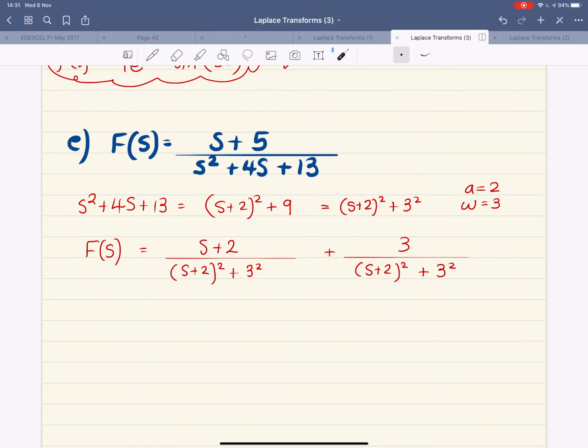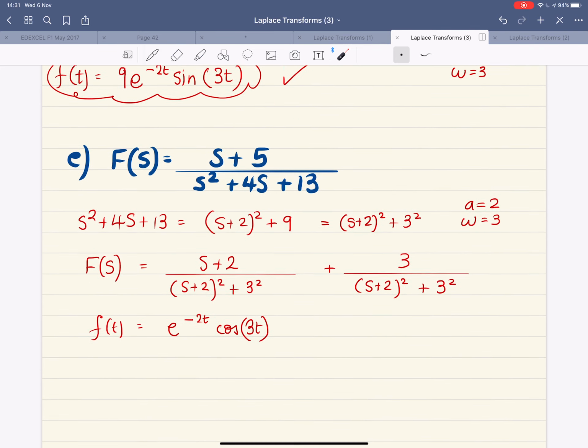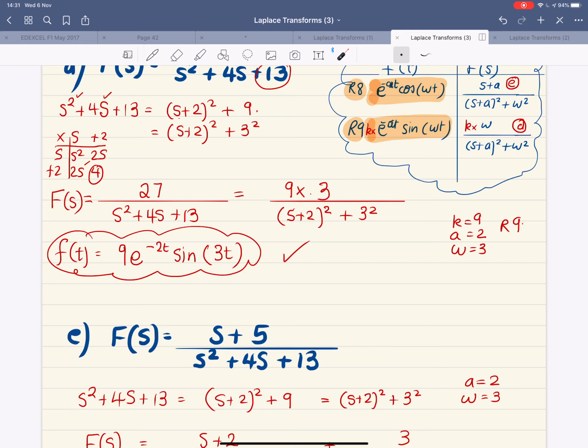So f of t is going to be e to the minus 2t cos 3t, since a is 2. That's using this row here. And the other one is what we had above, exactly the same, just without the 9.